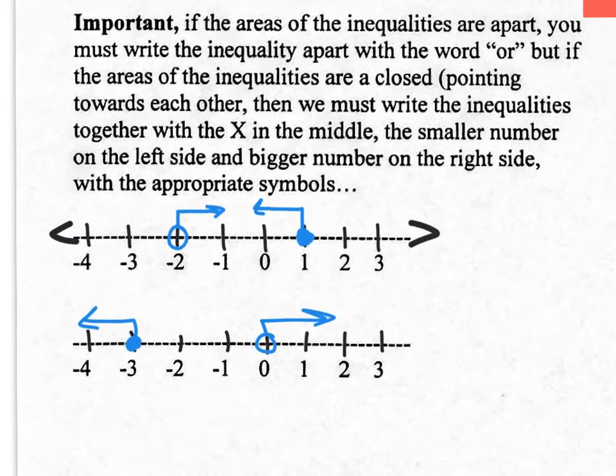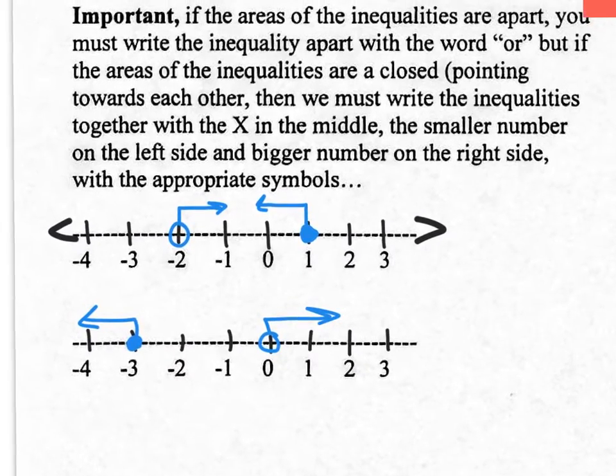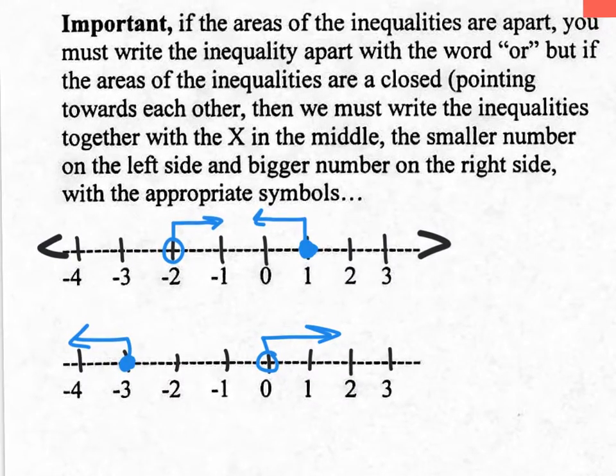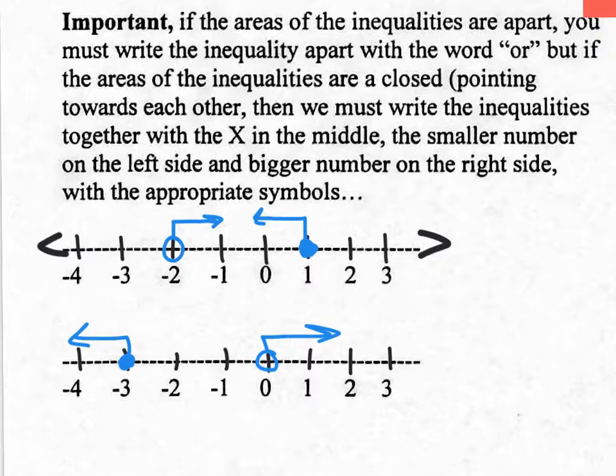And you're going to have to fill in the notes. The printer didn't print the actual graph, so go ahead and graph those next two number lines. Important, if the areas of the inequality are apart, you must write the inequality apart with the word or. But if the areas of the inequality are closed, in other words, they're pointing towards each other, then we must write the inequalities together with the x in the middle.